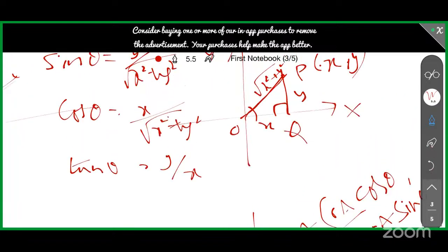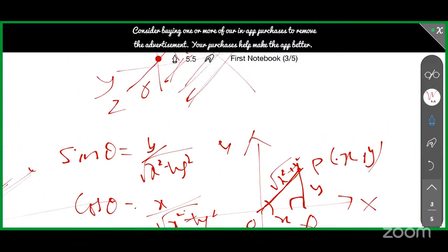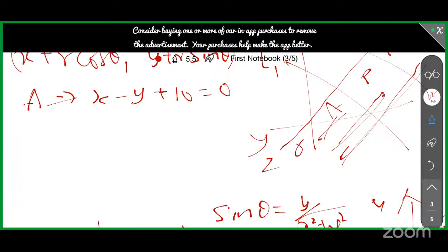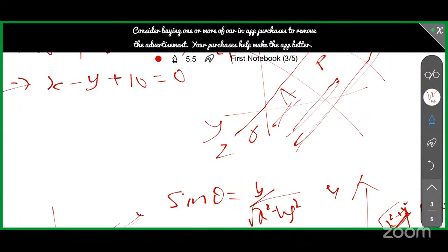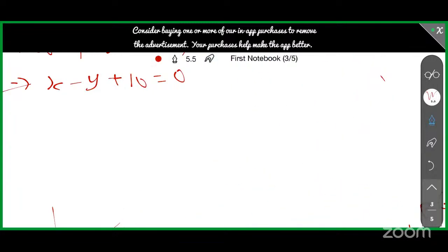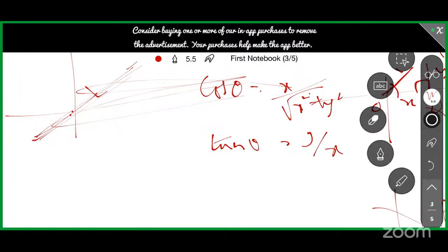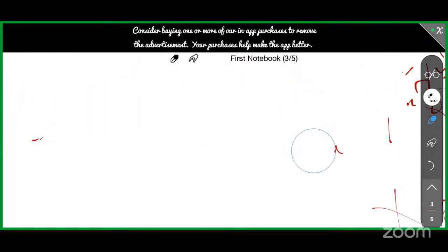Given this condition, I'll go up. Given all these conditions, I'll come up here. Now, I think you understood all these things, so I'm going to rub this out again.